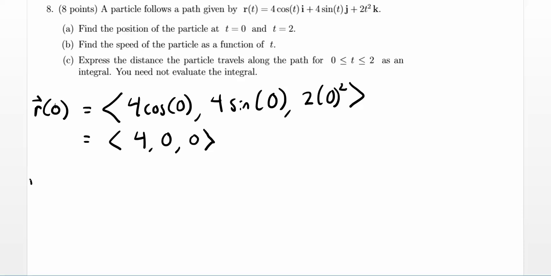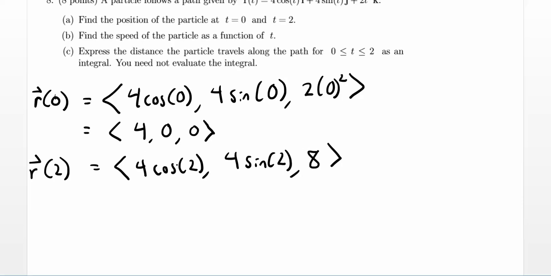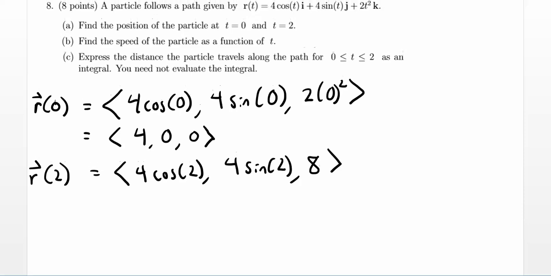The same thing for time equals 2. We're going to get 4 cosine of 2, 4 sine 2, and let's see, 2 times 2 times 2 is 8. Cosine of 2 and sine of 2 are not unit circle values, so you can just leave them as that.